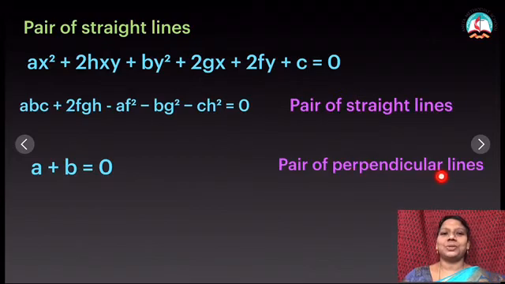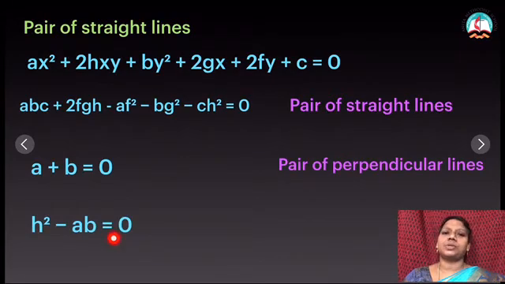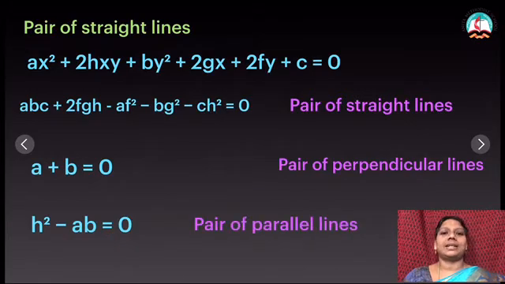So if it satisfies a plus b is equal to 0, then it has two lines, and those two lines are perpendicular. Suppose I have h square minus ab equal to 0, then those two lines are parallel.